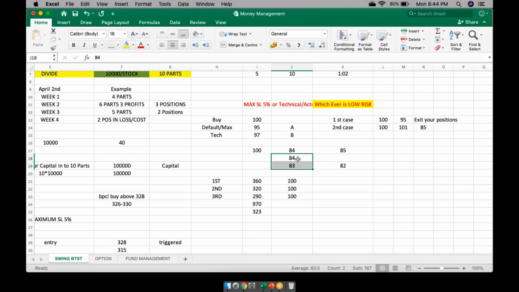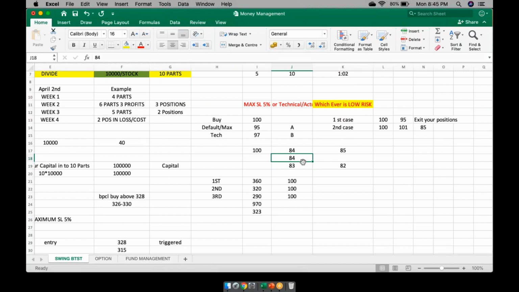See, one damage has already happened. The first immediate thing we are supposed to do is exit the trade to protect the remaining 80 rupees. But generally what we do is start negotiating with the market, 84, 83.5, or 50 paisa. Wait, I'll come back.